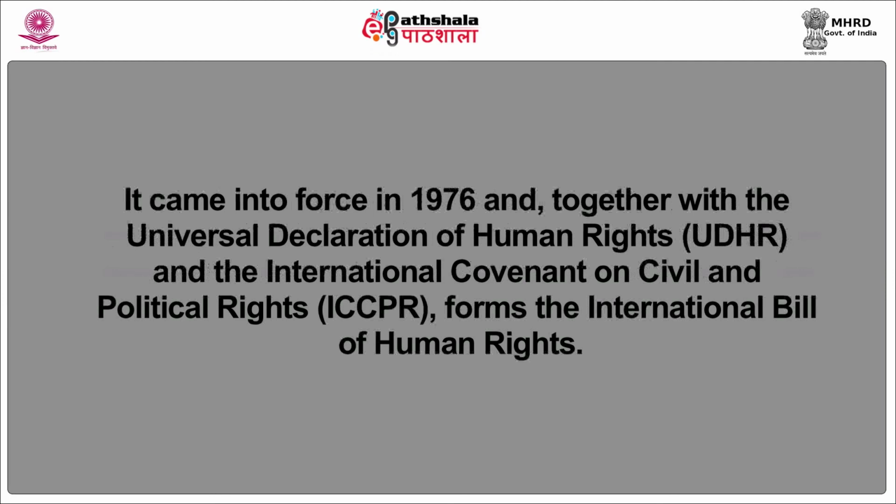It came into force in 1976 and together with the Universal Declaration of Human Rights, the UDHR, and the International Covenant on Civil and Political Rights, ICCPR, forms the International Bill of Human Rights. It has 162 state parties.